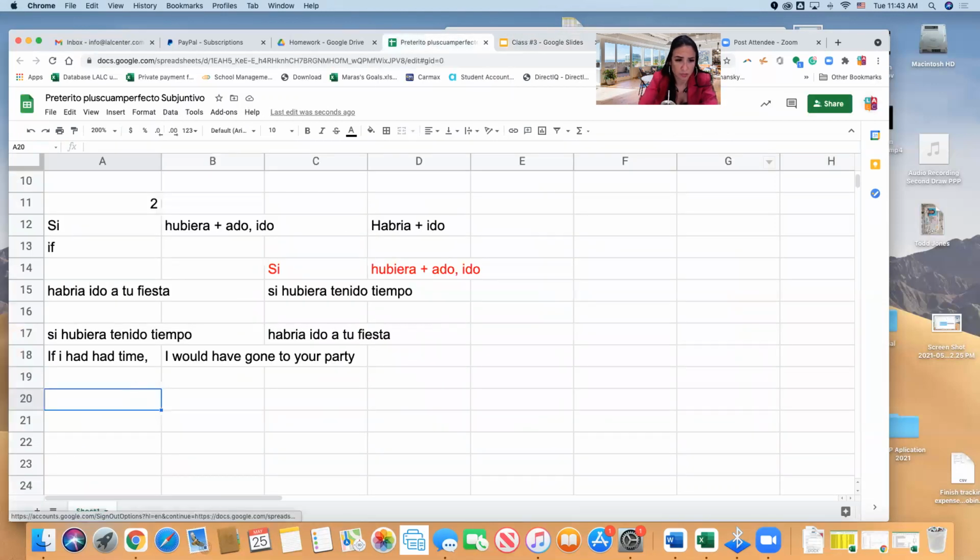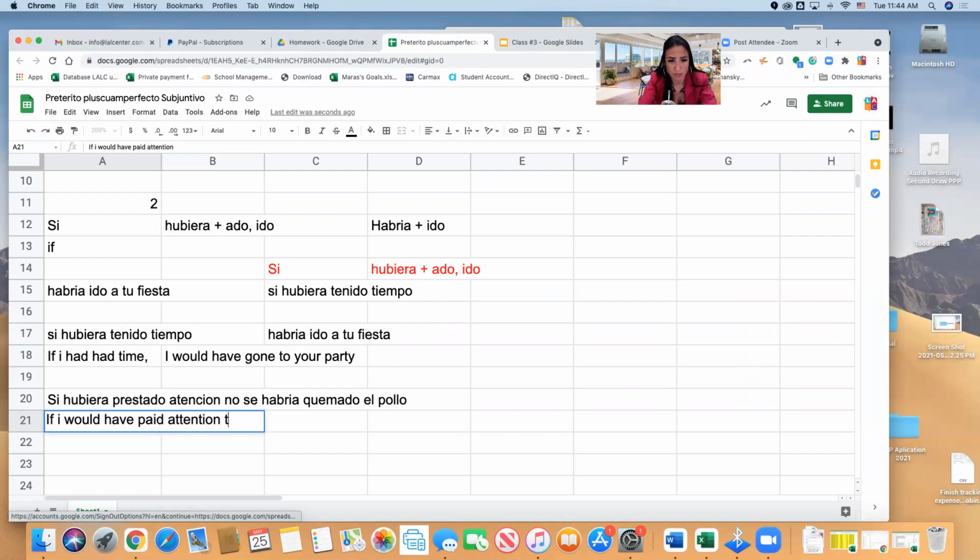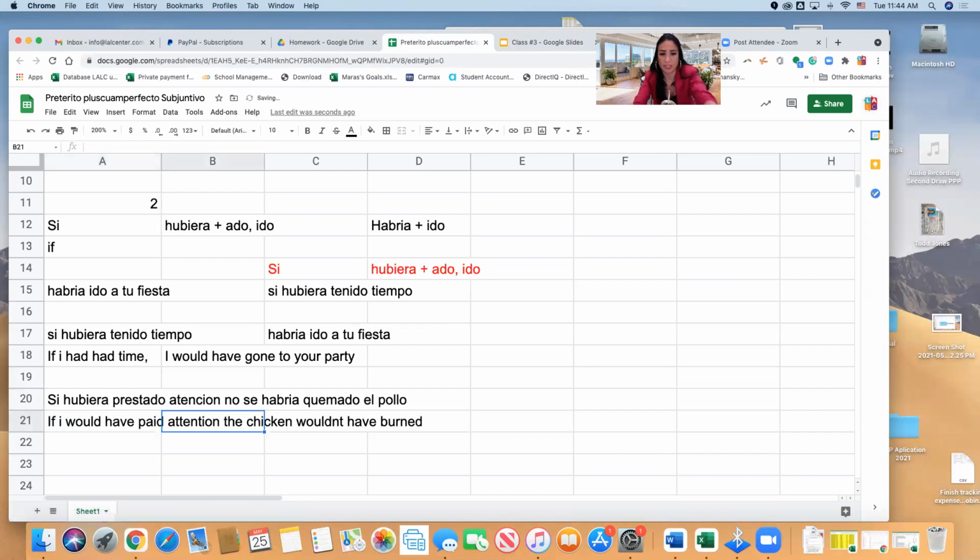If I would have paid attention, no se habría quemado el pollo. Meaning, if I would have paid attention, the chicken wouldn't have burned. We have double negative. Sorry, in this case, no. If I would have paid attention, the chicken. So in this case, it's not double negative, sorry.